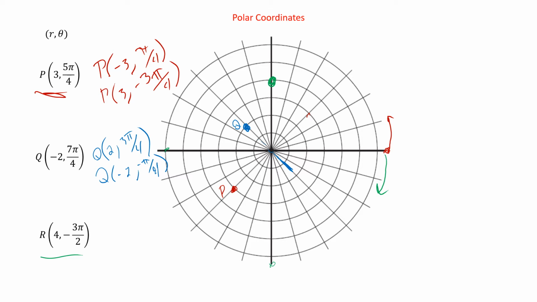That point right there could be at negative 4 and only going back to 1 pi over 2, or we could be positive 4 but going forward to 1 pi over 2. And so there are different ways of graphing each of the points, or different ways of writing each of the graphed points.